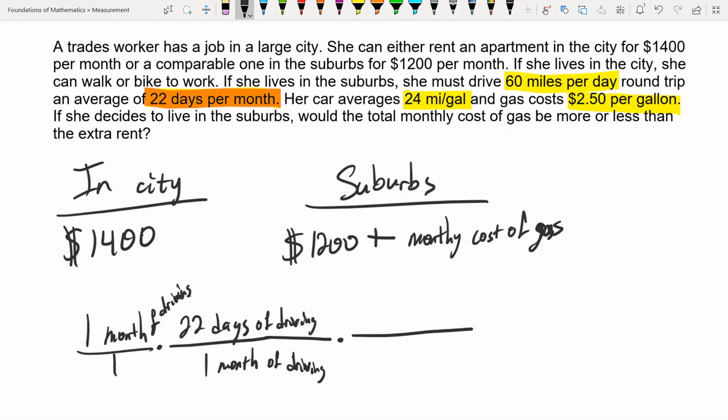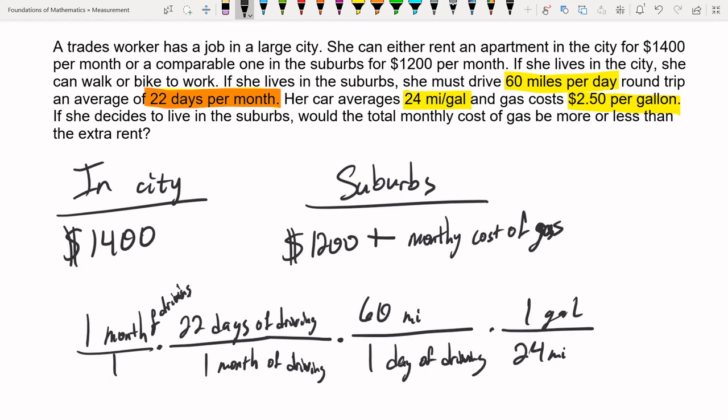Okay, now we can keep going though. So she drives 60 miles per day. So in 1 day of driving, she drives 60 miles. And we know her car gets a gas mileage of 24 miles per 1 gallon.